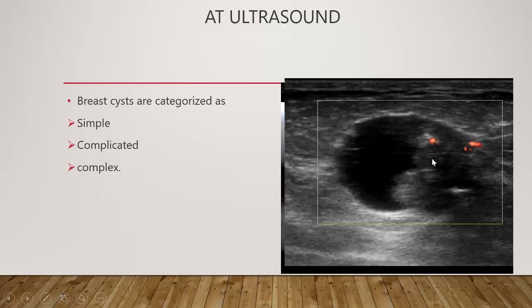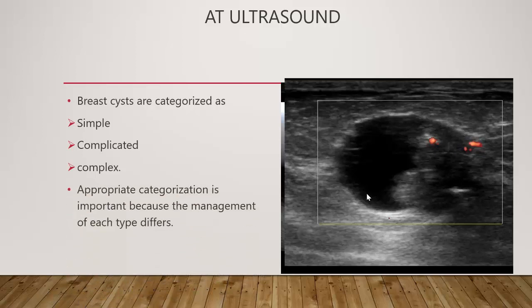So Doppler is mandatory in order to differentiate between a vascular solid component, which means that it is a growth, and just debris, which is common also in breast cysts like galactocele and hematoma. You find echogenic component mimicking solid component, but it is not solid because there is no vascularity within. Appropriate categorization is important because the management of each type differs.